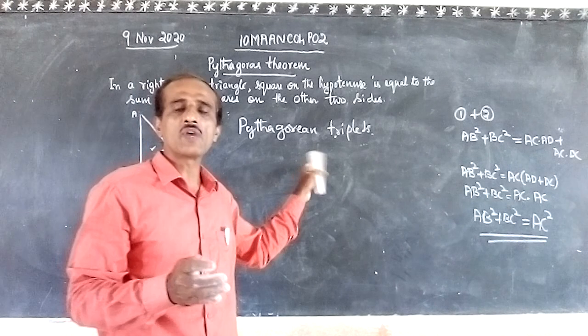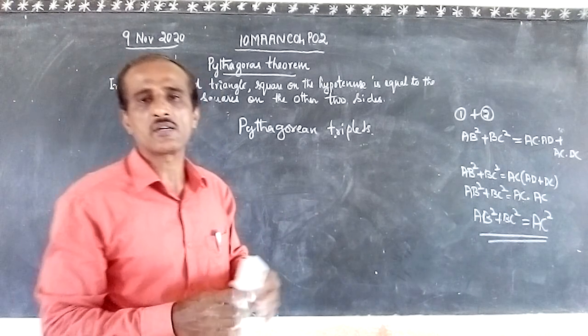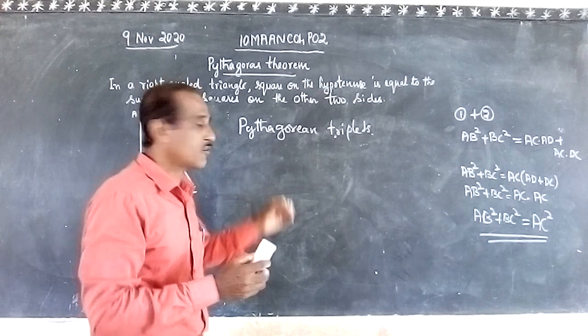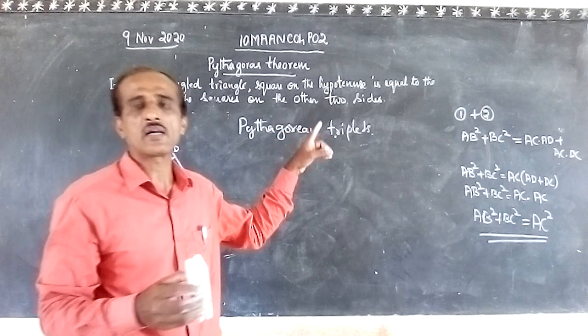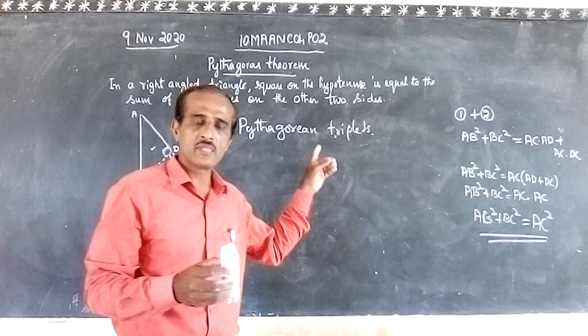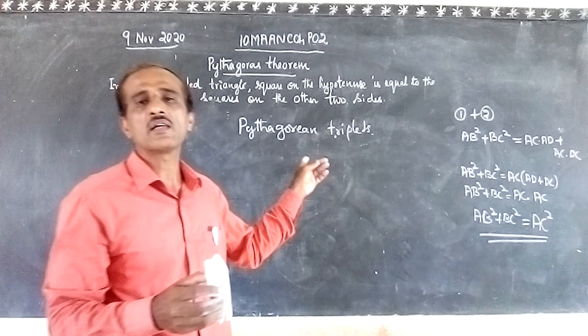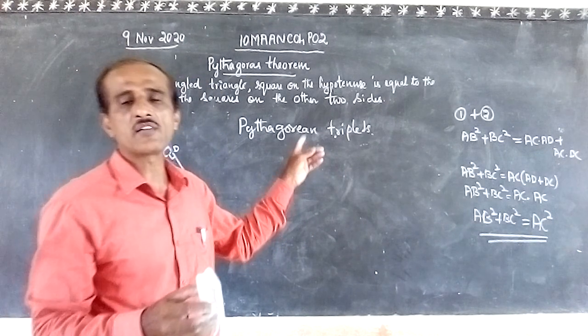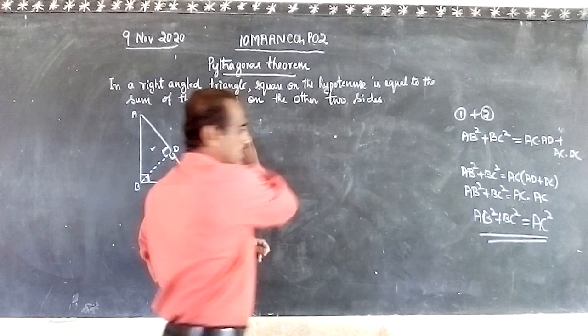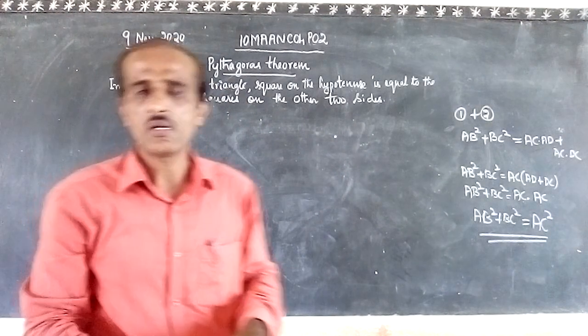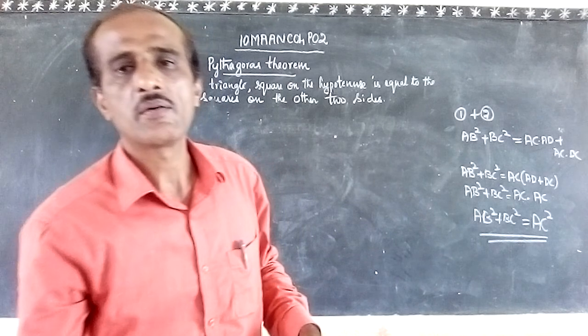If it is equal, then we can say that the three numbers are the measurements of the three sides of the triangle. Okay, like this we will learn. So very simple theorem, you have to learn this theorem properly.